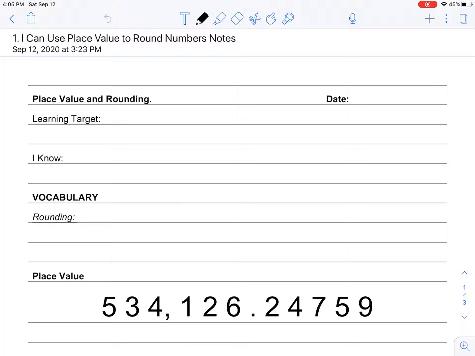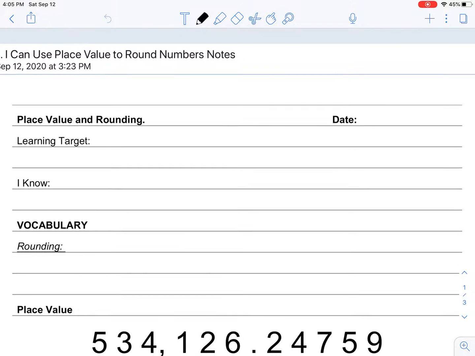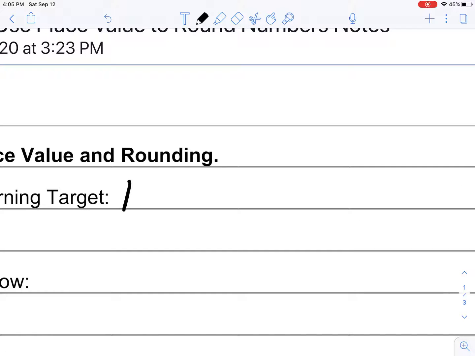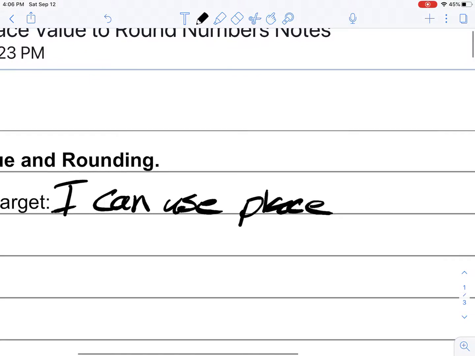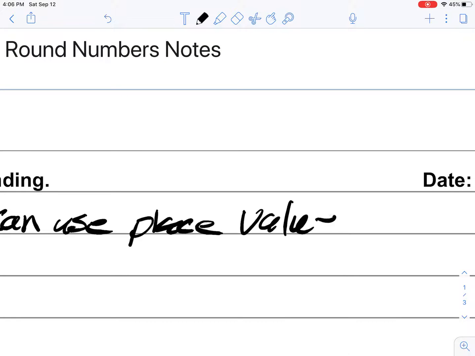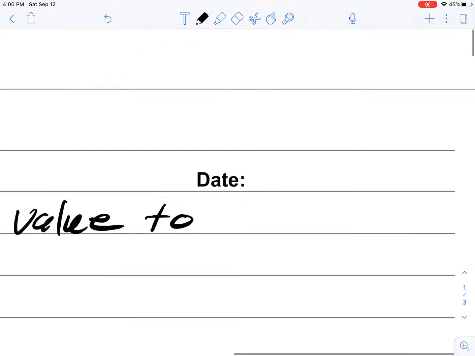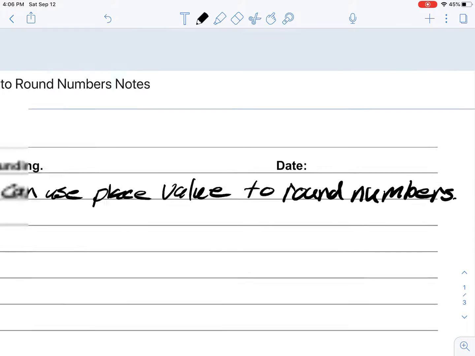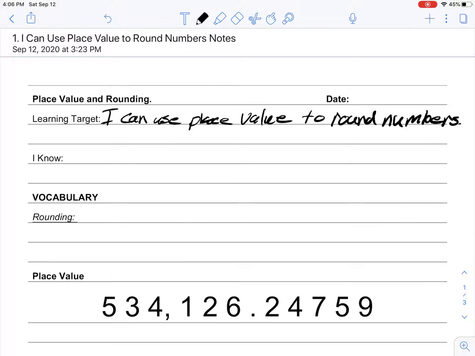So once you've either printed out or pulled this up, our learning target today is the same one that's in the title, which is I can use place value to round numbers. Remember, if you need a moment, you want to spend a moment and write this down, please pause the video and do that.